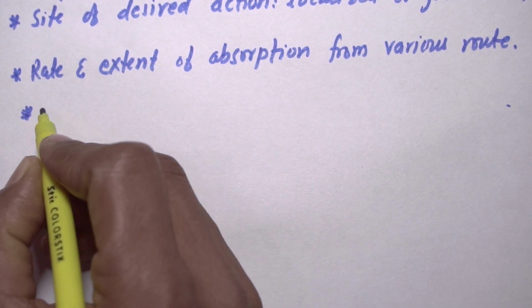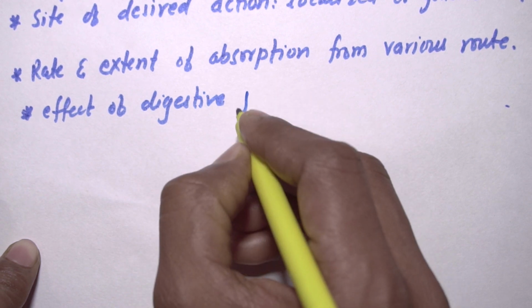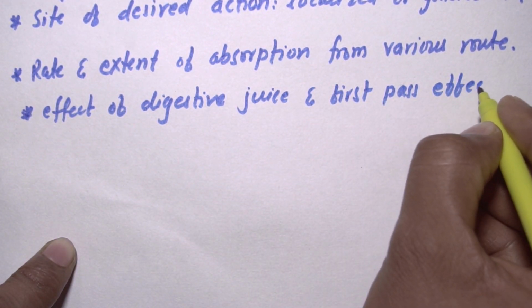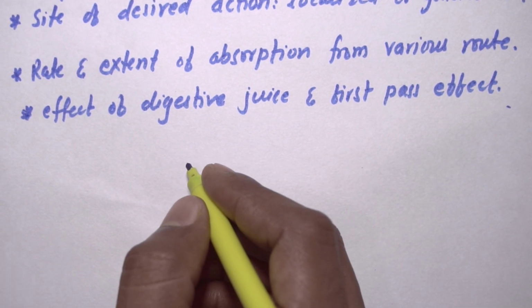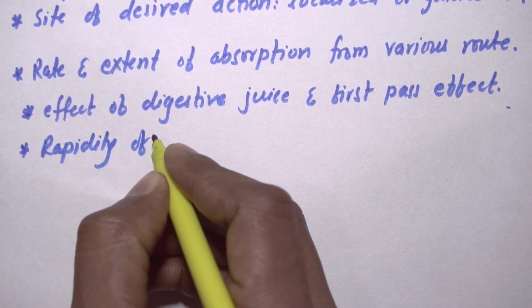Okay, then the next point is the effect of digestive juice and first pass effect. It means whether our drug is going to get destroyed by digestive juice or whether the drug has maximum first pass effect.